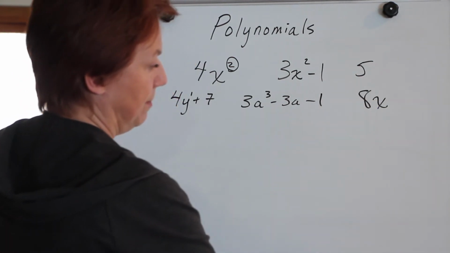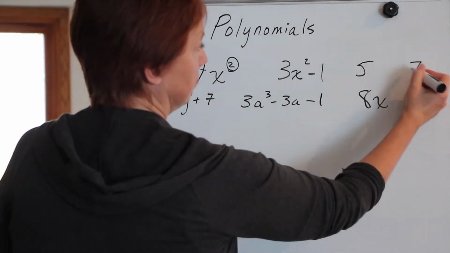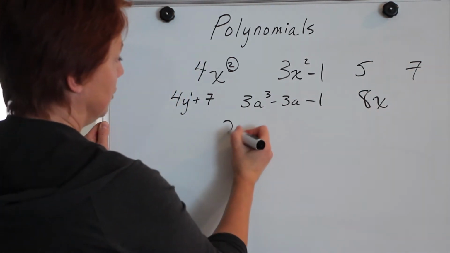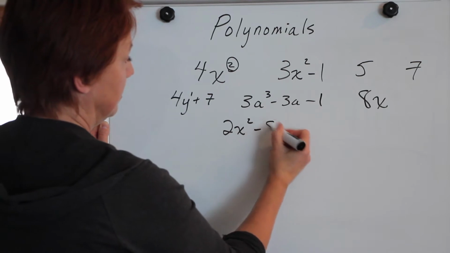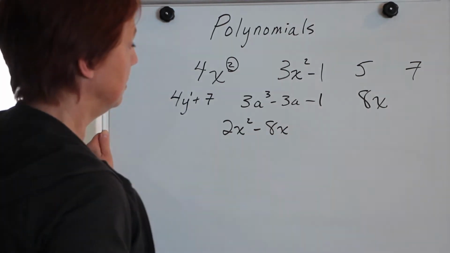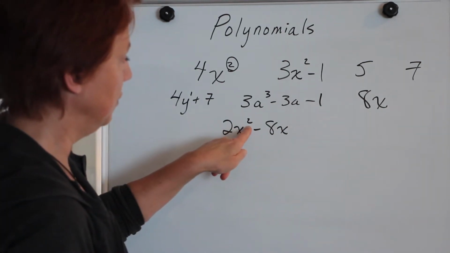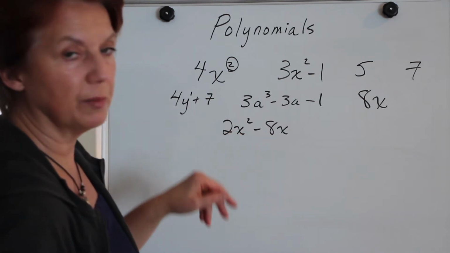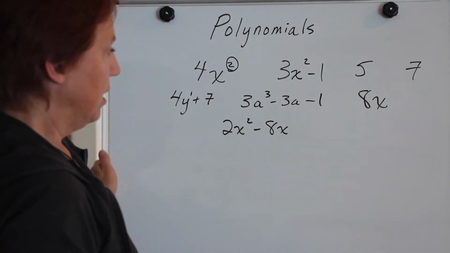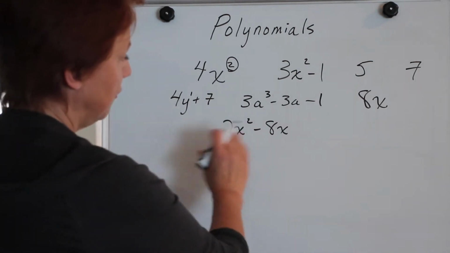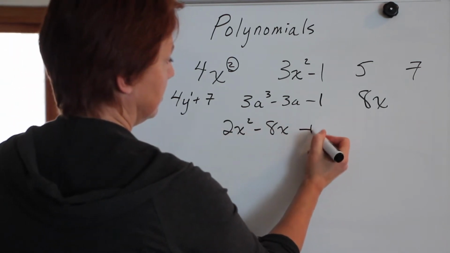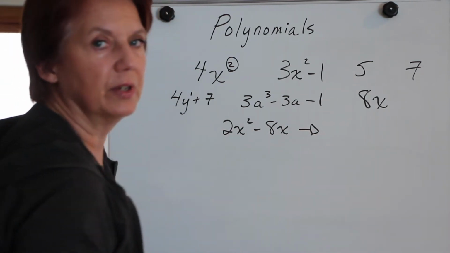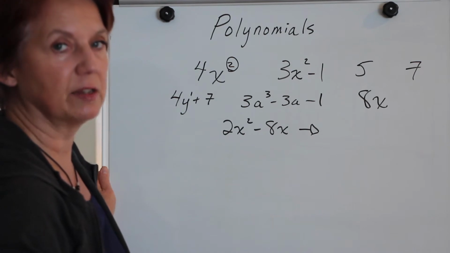Again, 7, that's a polynomial. 2x squared minus 8x. This is a polynomial of degree 2. It has 2 terms. So we've done a lot of factoring in the last few videos. If we wanted to factor this, this is not a trinomial, okay? It's not ax squared plus bx plus c.